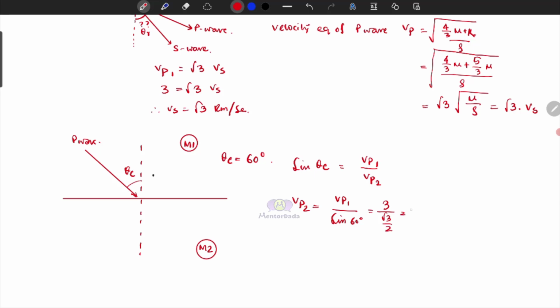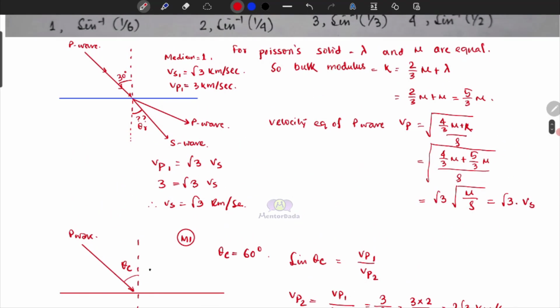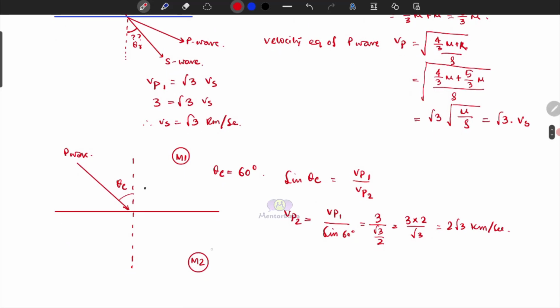So it comes as 3 into 2 by root 3, that is 2 root 3 kilometer per second. So for medium 2, the velocity of P wave is 2 root 3 kilometer per second.